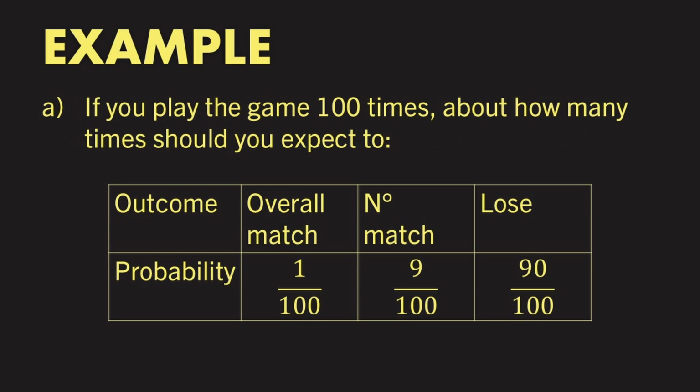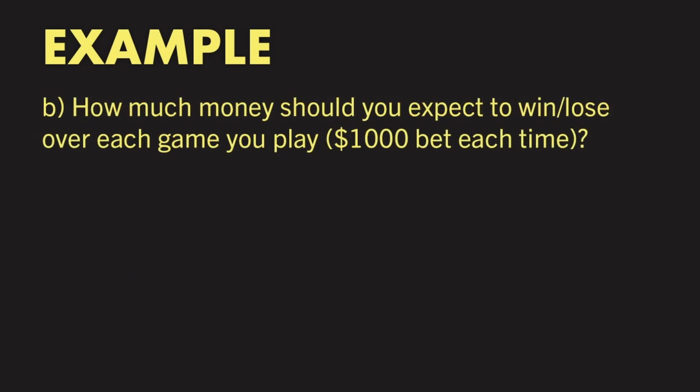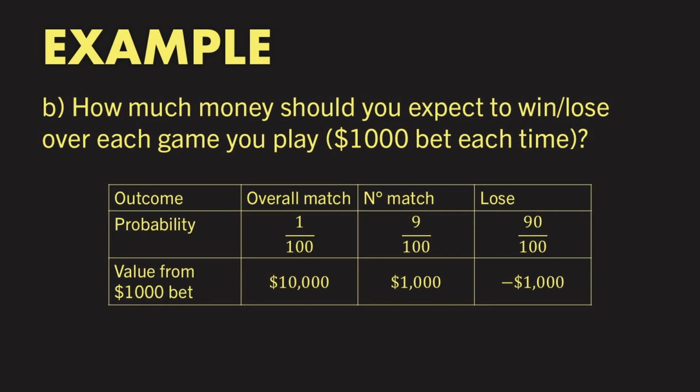And let's say we want to calculate how much money you should expect to win or lose over each game. Let's say you bet $1,000 each time. How much would you expect to end up with if you play 100 times this game? Well, let's calculate the expected value. We need to multiply the possible outcome, the number associated with the possible outcome, with the probability of it happening.